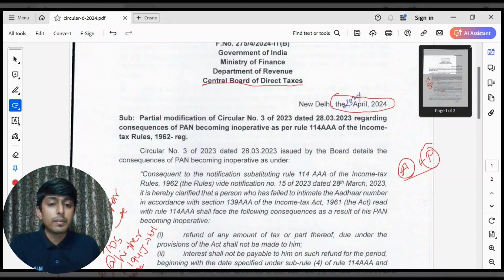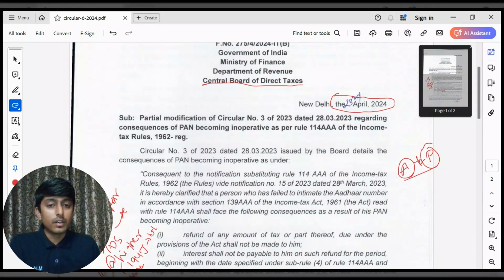Why? Because in many instances, even though they were not linked, the PAN was showing as operative status when filing the TDS returns. And wherever it is inoperative, of course, the assessees have taken the necessary steps and ensured compliance with the necessary section. That section is 206AA.